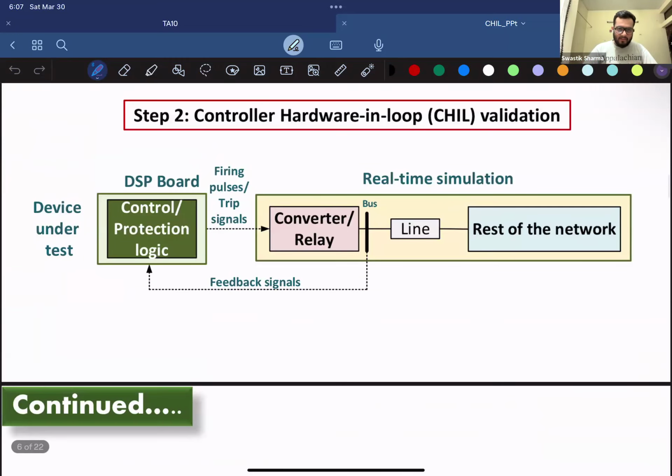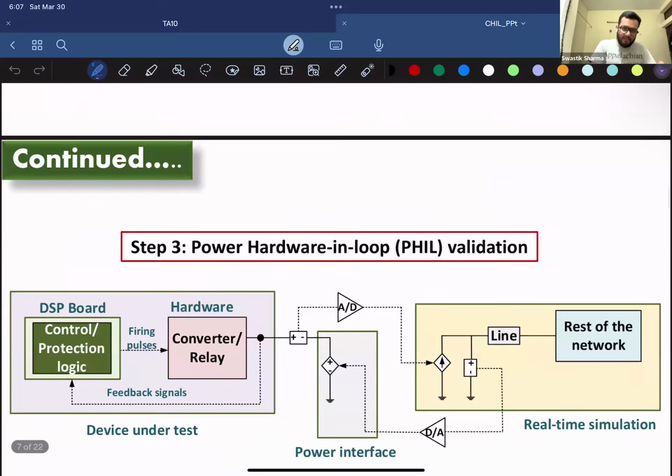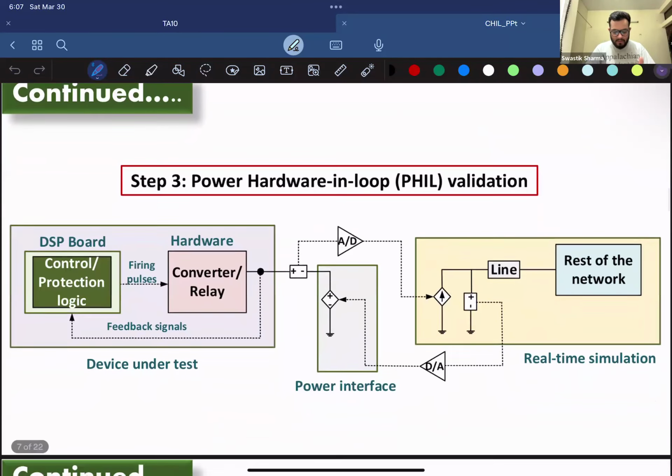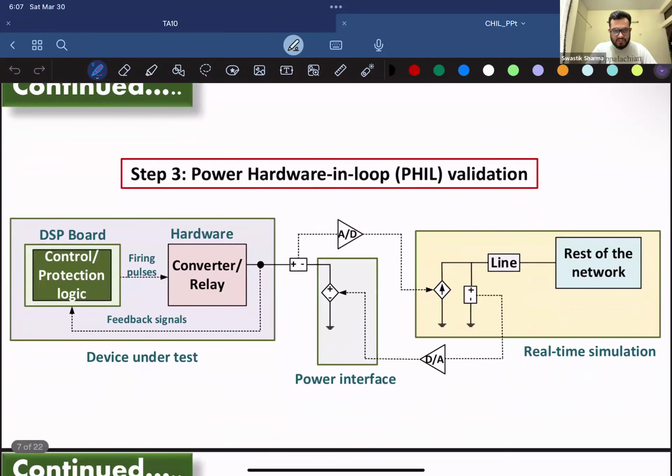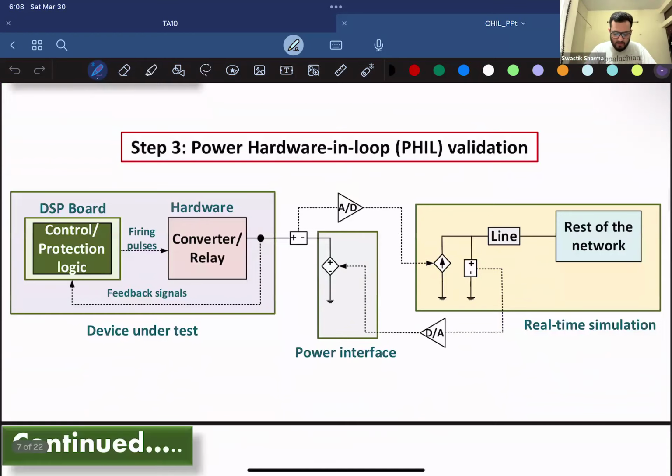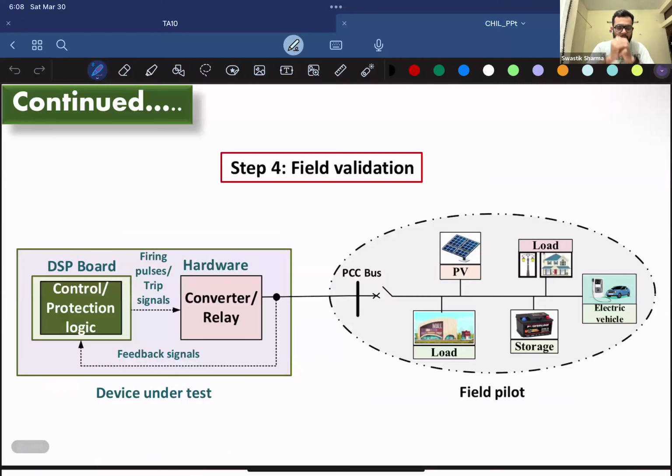After that, you remove the power hardware from your simulation platform as well, and then you do power hardware in loop validation. Once you're able to perfectly validate everything, you move on to field validation, because the end goal is to be deployed in the field, right? So you have to follow this four-step procedure.